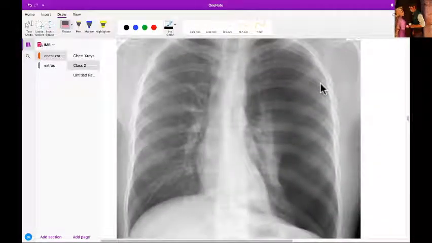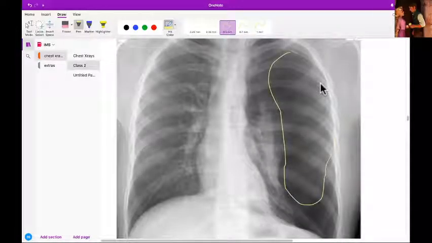So in passive atelectasis, what happens is that something that occupies the intrathoracic space, like a pneumothorax or a pleural effusion, occupies the intrathoracic space.